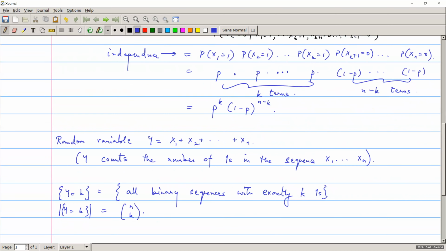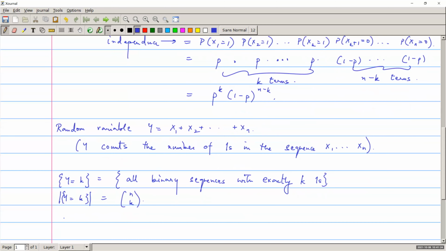Is everyone on board with it till here? So what is the probability y equals k? This is new. Till here we did last class, but if you follow everything so far, you should be able to answer this. What's the probability y equals k?